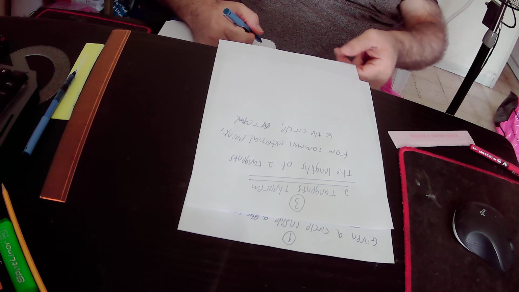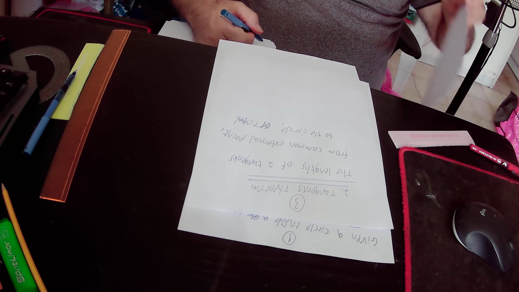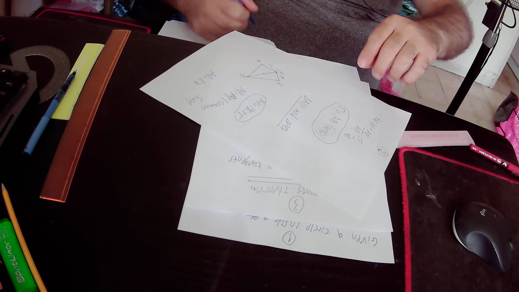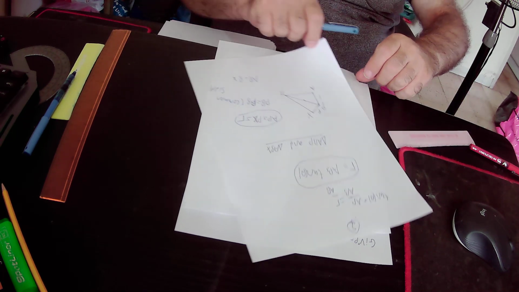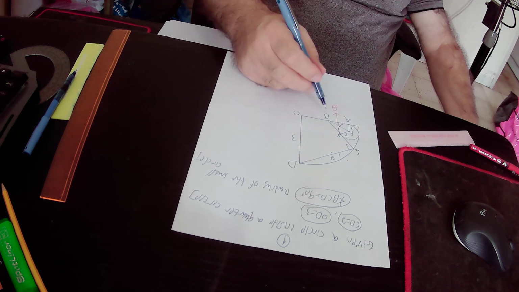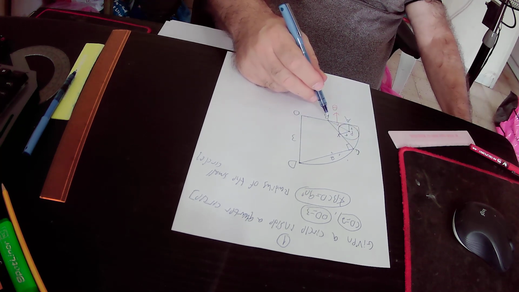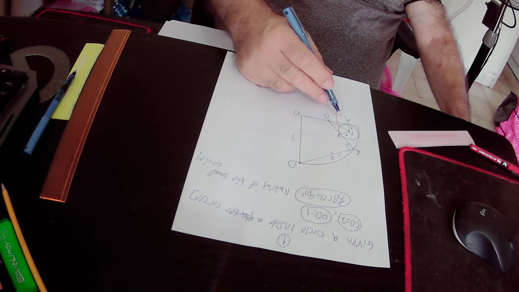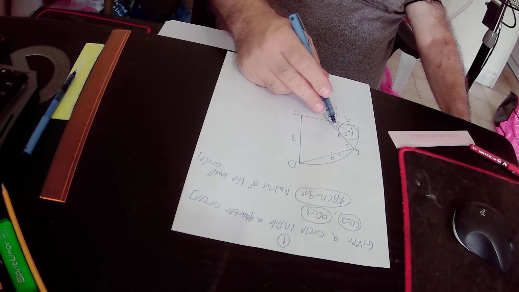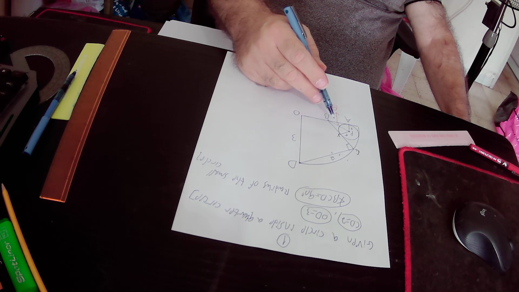So actually this theorem says that if from an external point of a circle, that is to say from point B, you draw two tangents to the circle, tangent BA and tangent BX, then those two tangents are equal to each other.